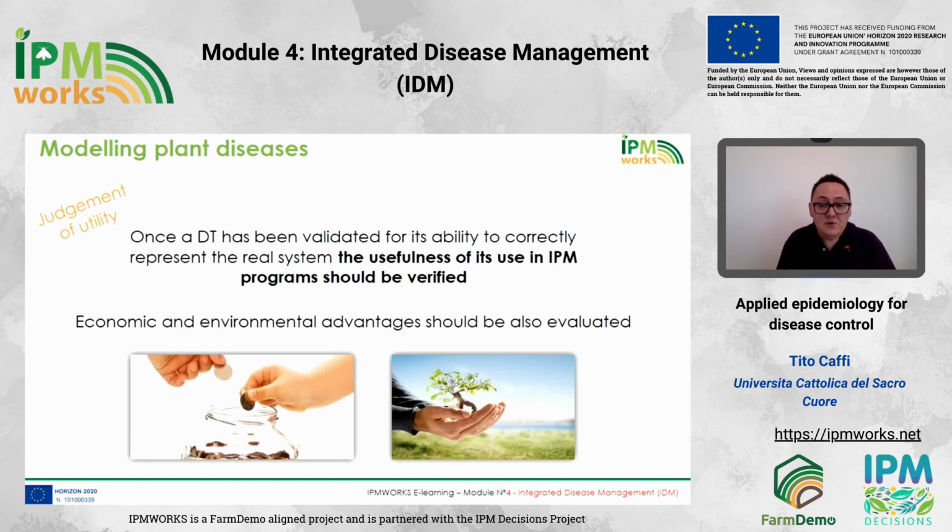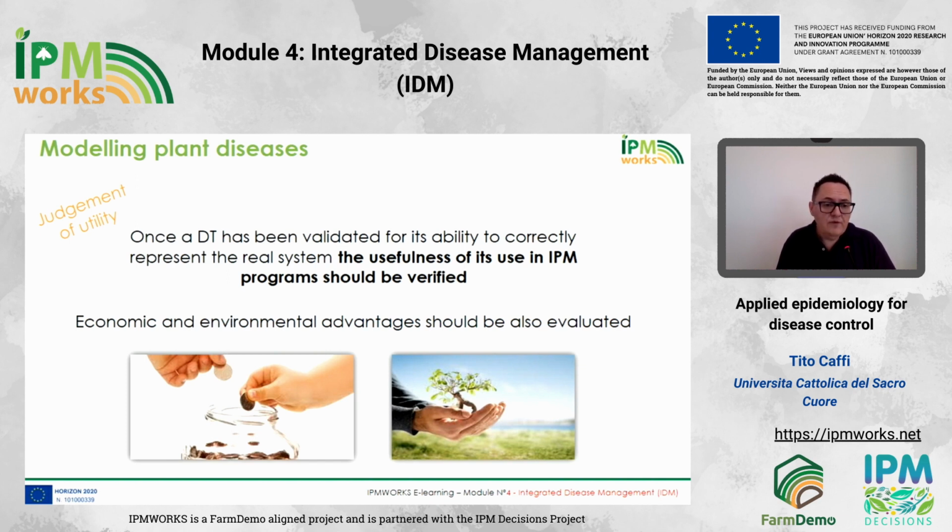Then we have the judgment of utility. So the model is working properly. It is able to simulate the biological phenomenon we are talking about. And we have to check its usefulness in the IPM management program.